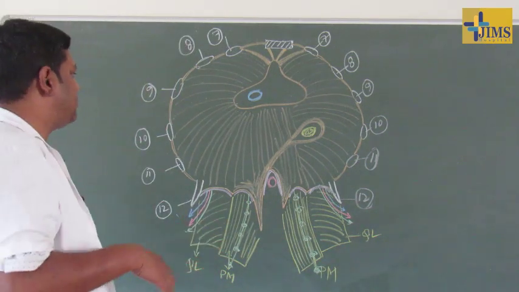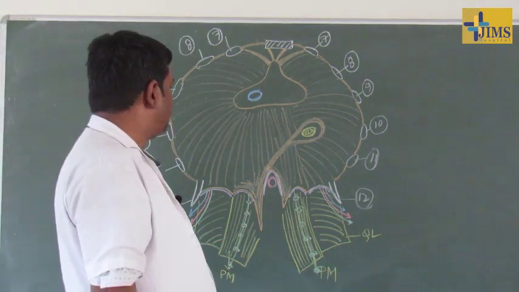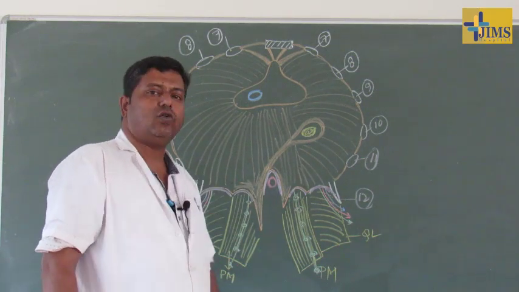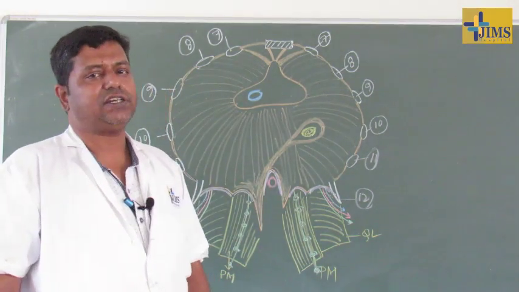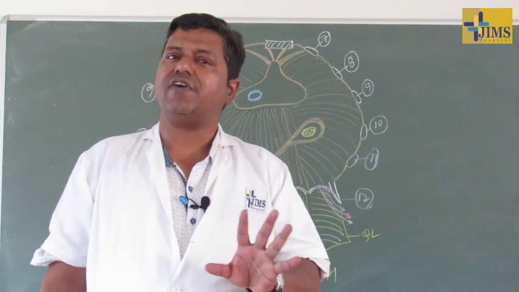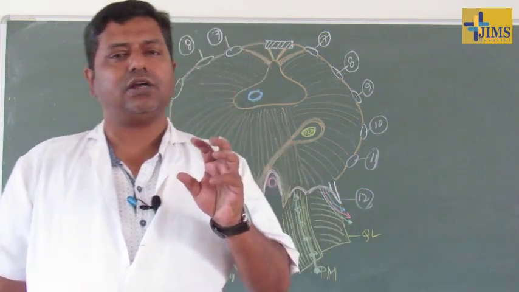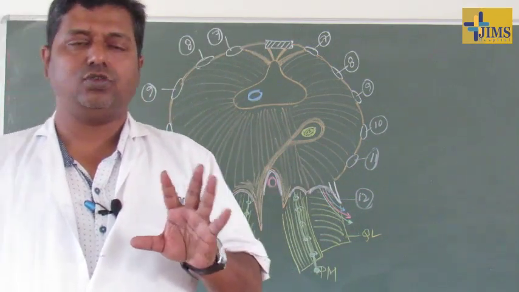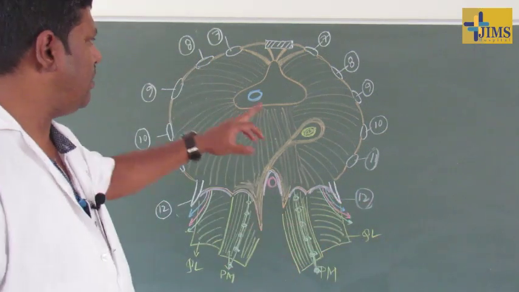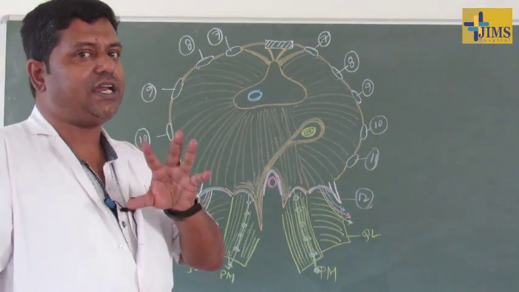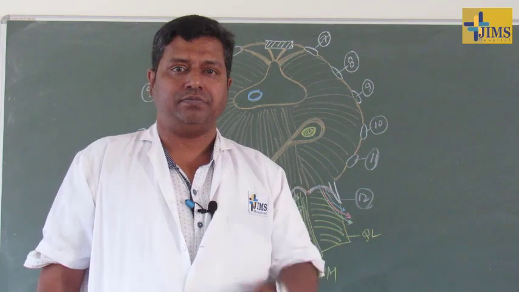So, these are the 3 structures which pass through the aortic opening of the diaphragm. Effect upon contraction: there is no effect on the opening. It will neither constrict nor dilate. So, these are all about the major openings of the diaphragm.